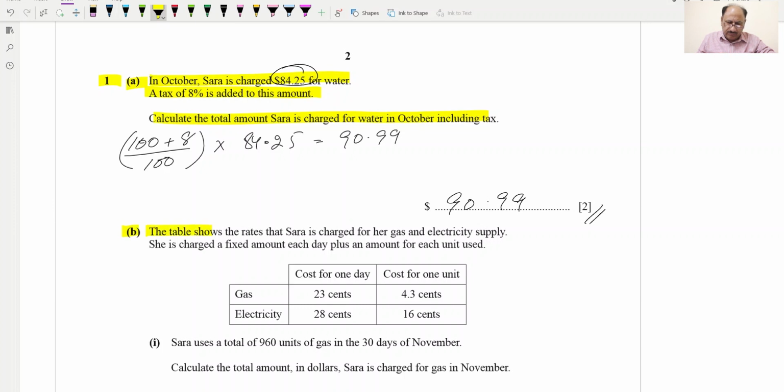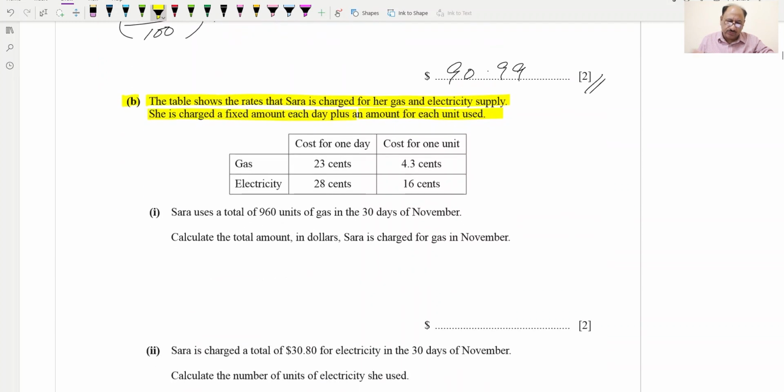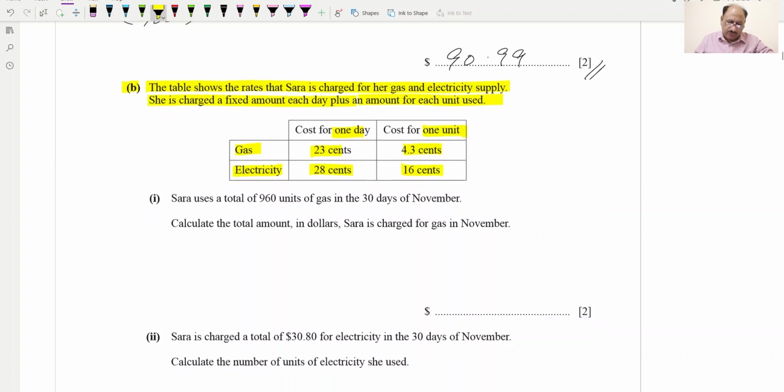B part, the table shows the rates that Sarah is charged for her gas and electricity supply. She is charged a fixed amount each day plus an amount for each unit used. For gas, this much for 1 day and this much for 1 unit. For electricity, this much for 1 day and this much for 1 unit.